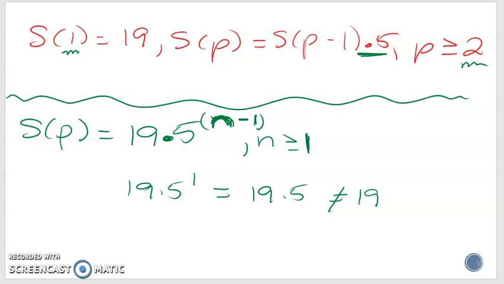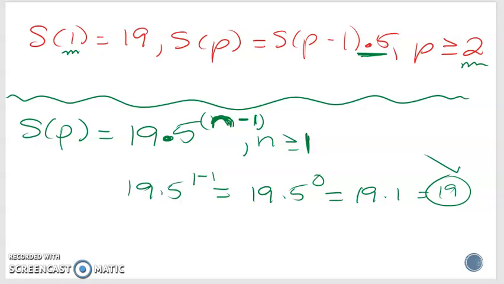And now if I put 1 in here, I would get 19 times 5 to the 1 minus 1, which is 19 times 5 to the 0, which then, based on exponent rules that we know and love, is 19 times 1, which does give us 19. So that's a slight adjustment we will have to make sure we lock in.